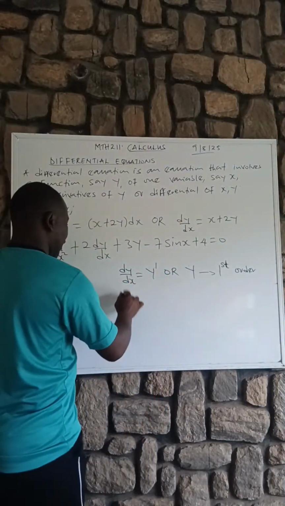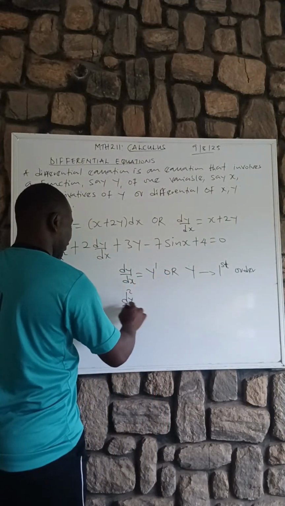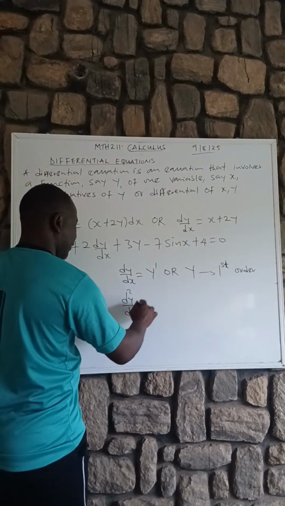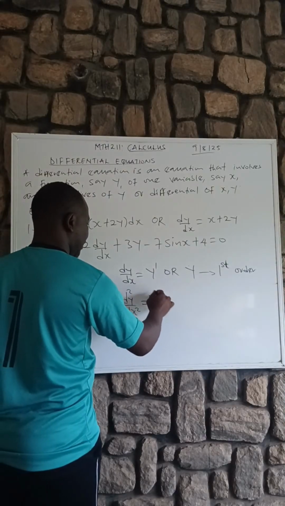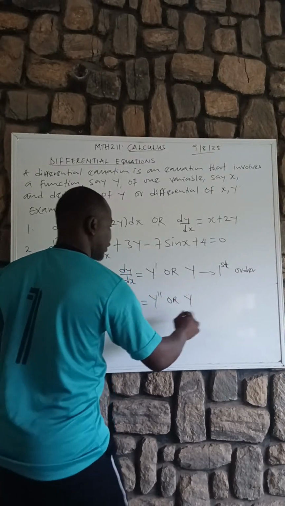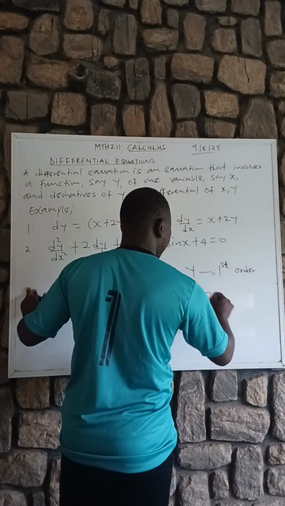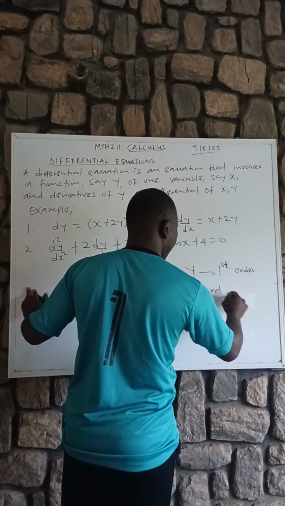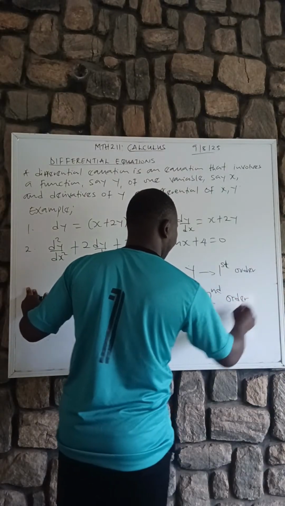Then if we have d squared y over dx squared, this is y prime prime or y double dot. It means this is second order.